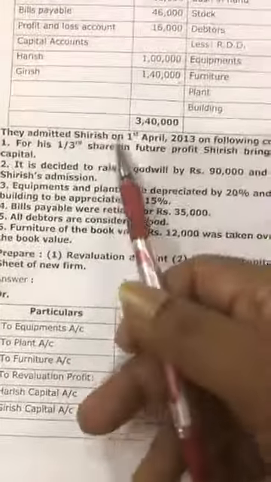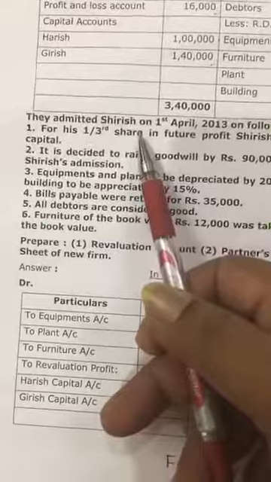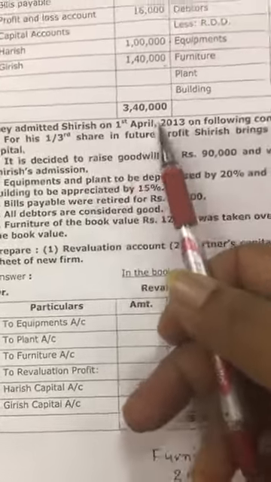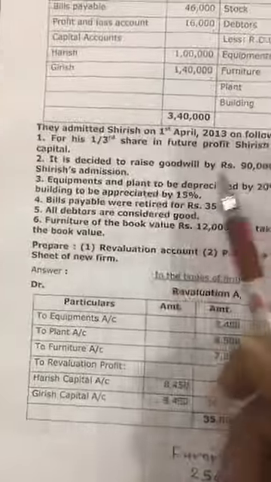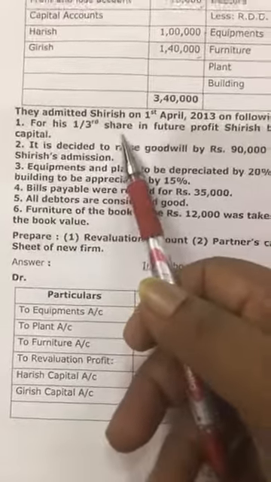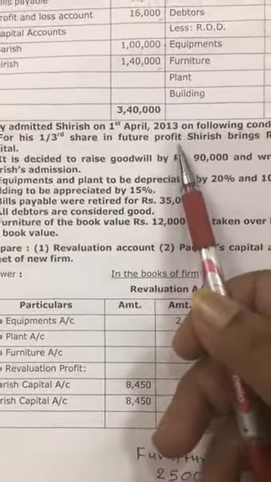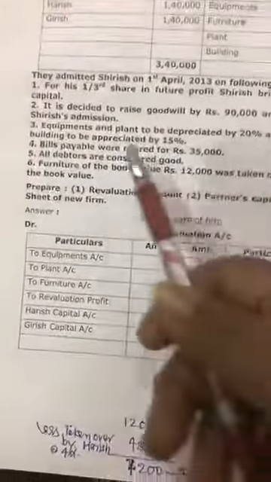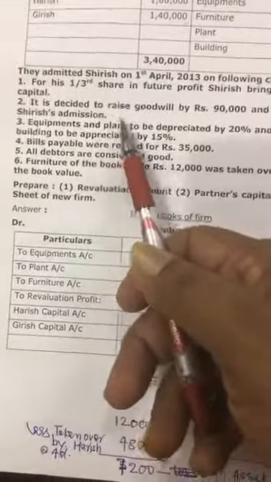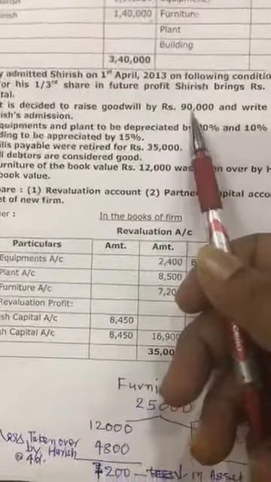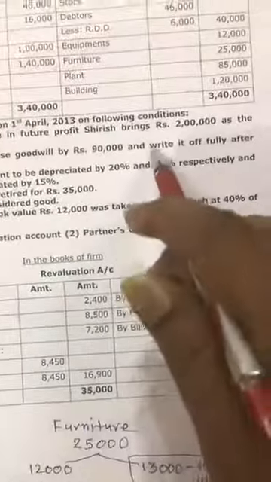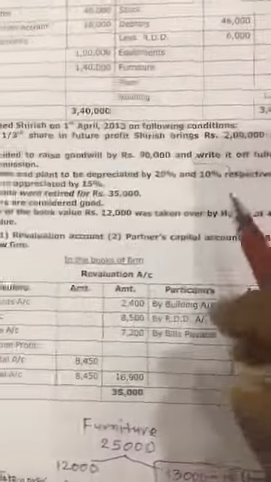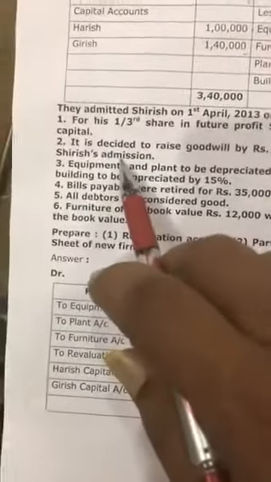Now let us go ahead. They admitted Shirish on 1st April on the following conditions. For his 1/3 share in future profit, Shirish brings 2 lakhs as his capital. It is decided to raise goodwill by 90,000 and write it off fully after Shirish's admission.